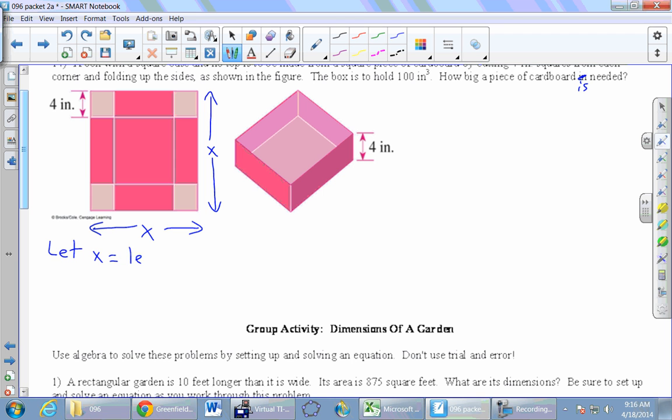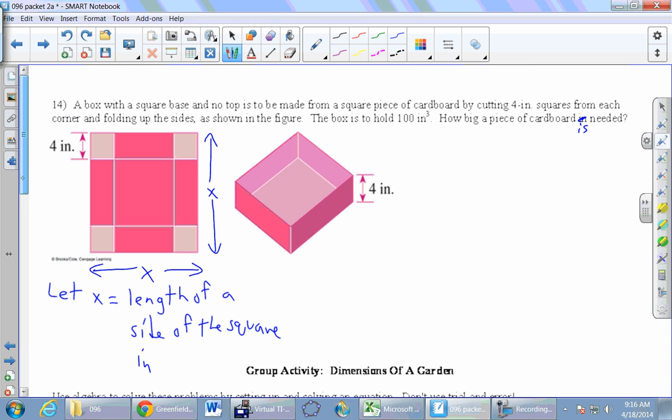X equals the length of the side of the square, in inches. Inches is the right units here. Both numbers in this problem are given in inches. Okay, so that's our variable.